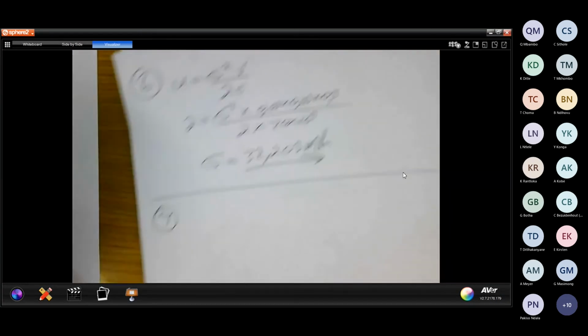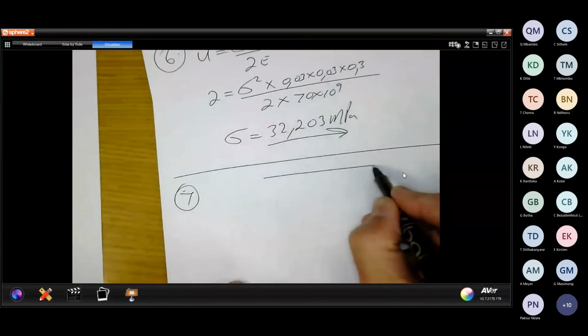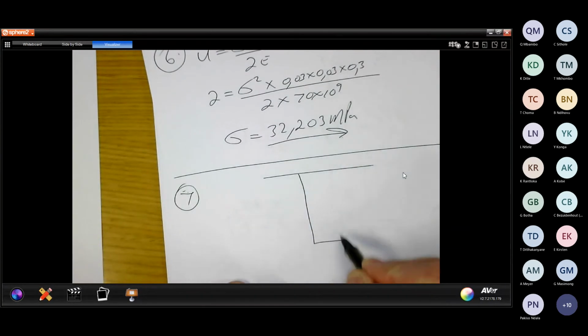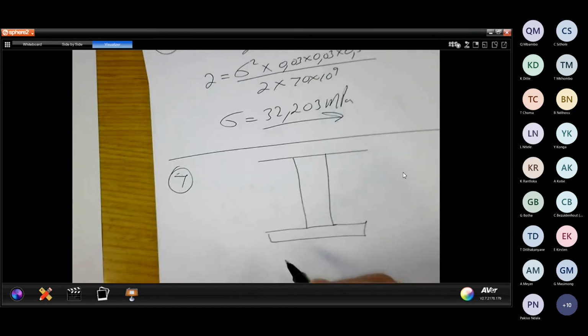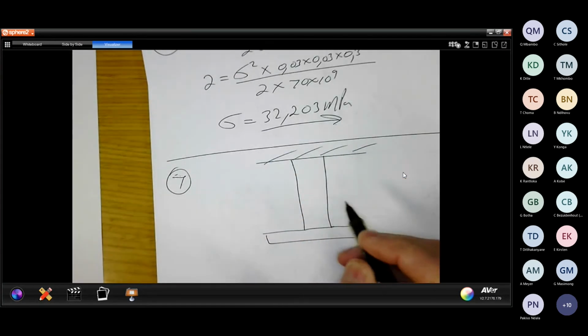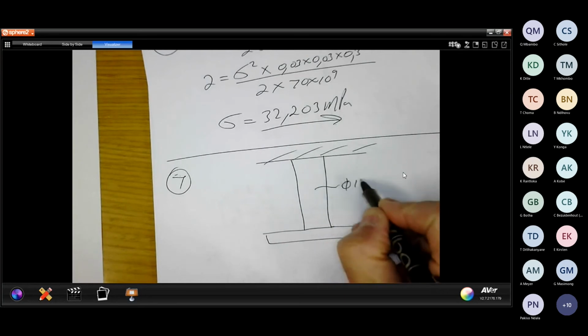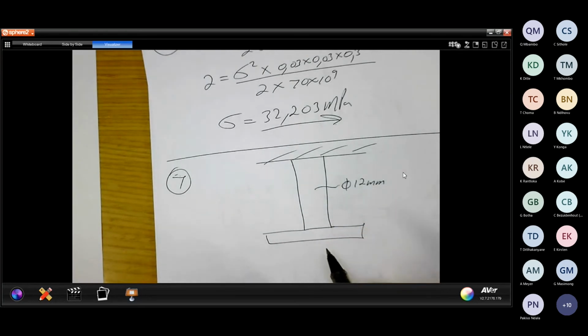okay, that means you have a single rod here. Single rod. Say this diameter is 12 millimeters.